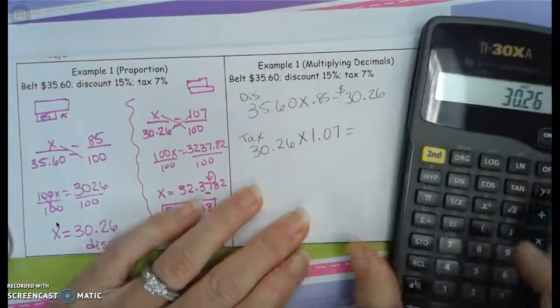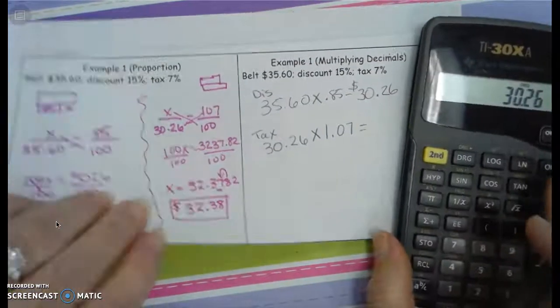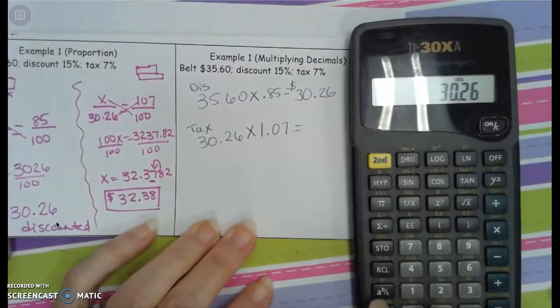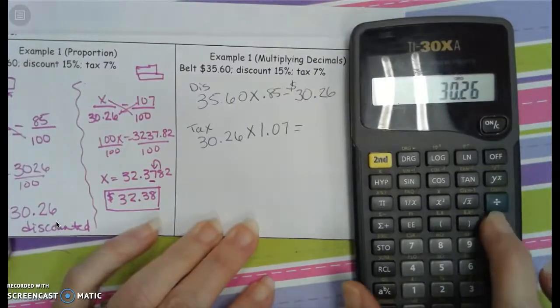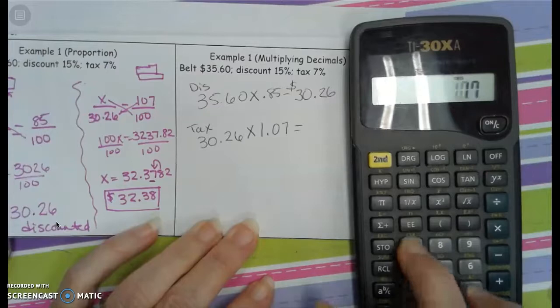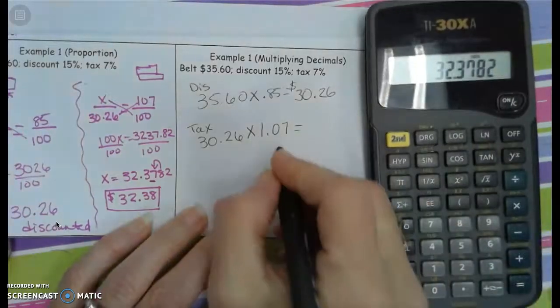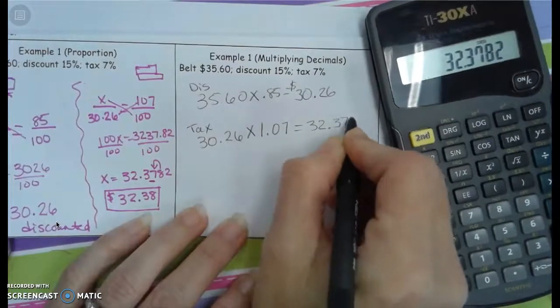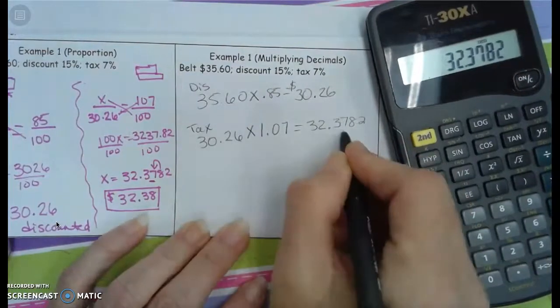So when we multiply that together, we've got 30.26 times, well, I just hit plus, excuse me, times 1.07. And I get 32.3782, which is the very same thing I got earlier.